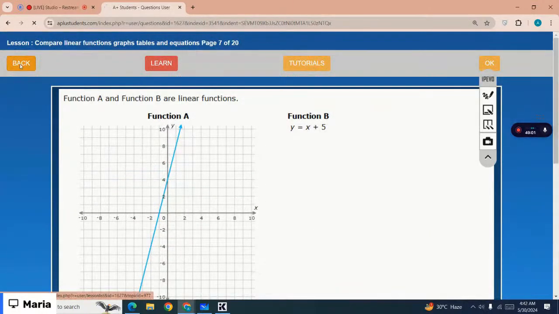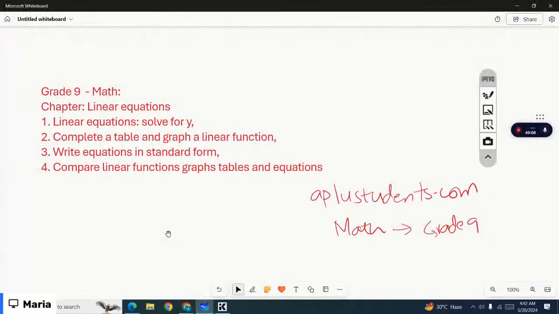Okay, you can complete the lesson by yourself later today. So we were working on grade 9 math. The chapter we were working on is linear equations.